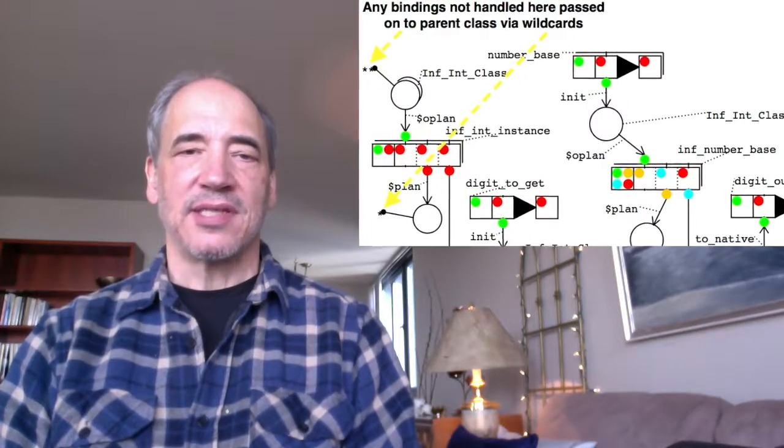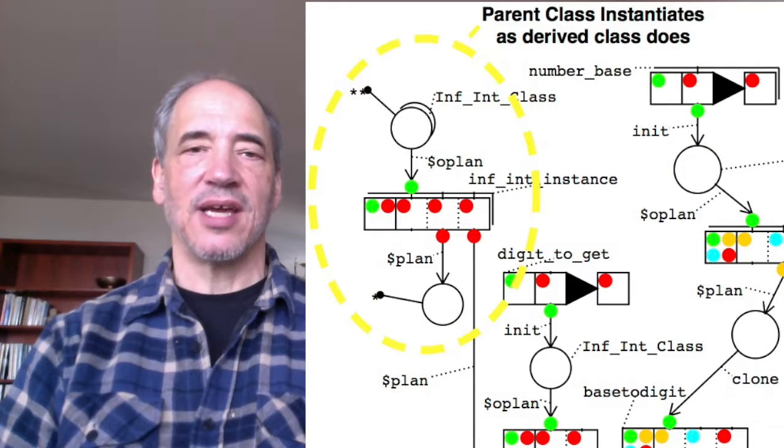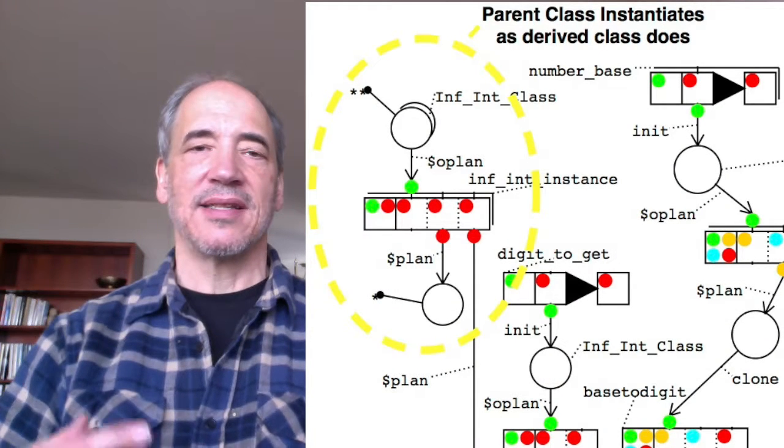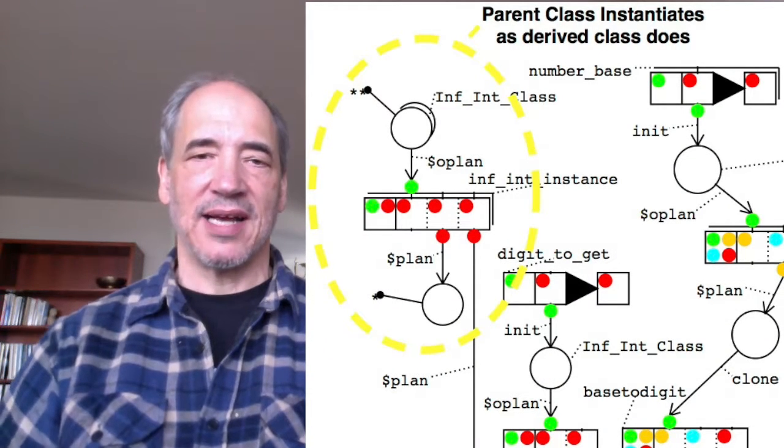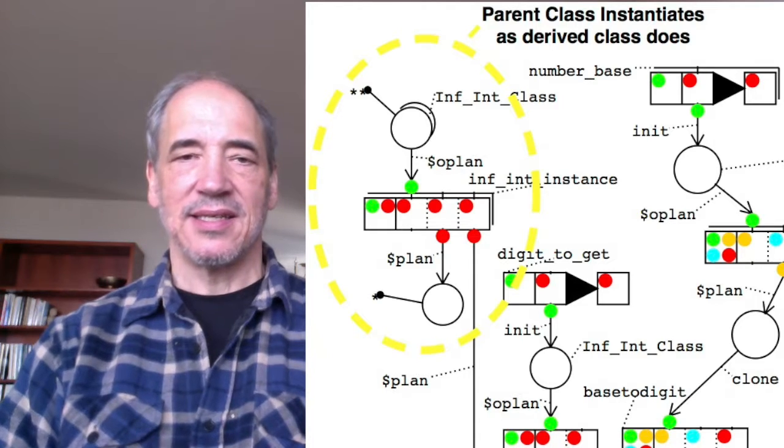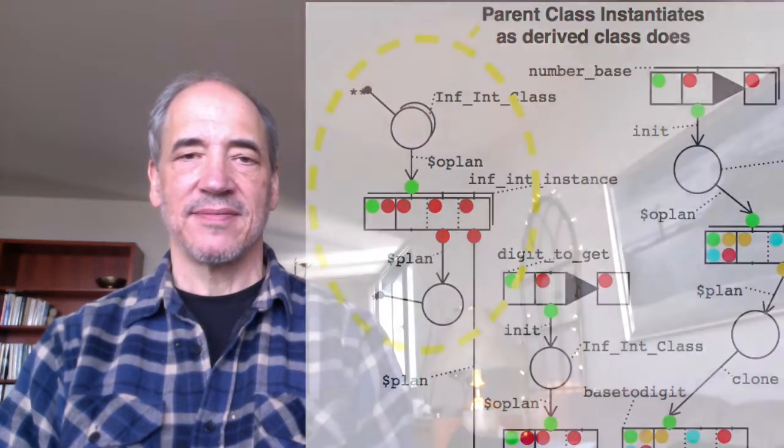There are a few tricks to this, and one of the tricks is making sure that the parent class gets instantiated at the same times and at the same frequency that the subclass is instantiated. And the other issue is having wildcards or other ways of saying, okay, all of the things that the subclass isn't handling should go to the parent class.